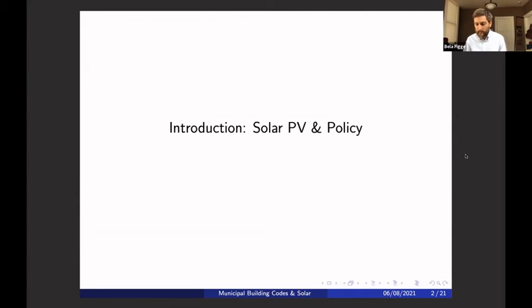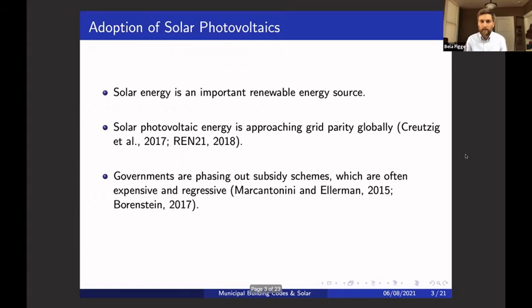So I'll just get right started with an introduction on solar photovoltaics and policy. Of course, being here, we're aware of the reality of climate change and that the transition to renewable energy is important. And in many countries, solar photovoltaics are a crucial element in this transition.